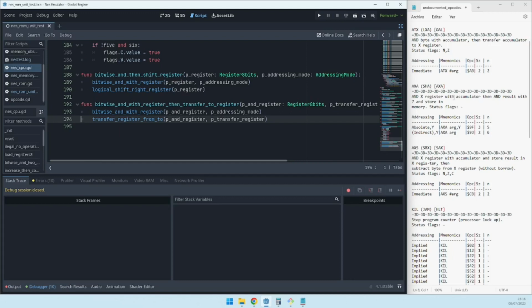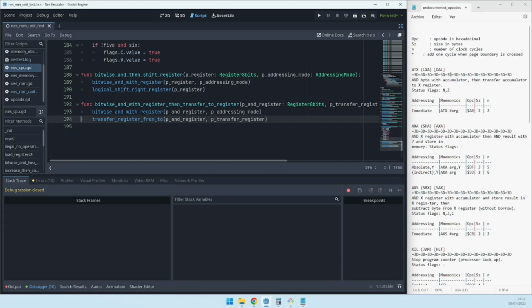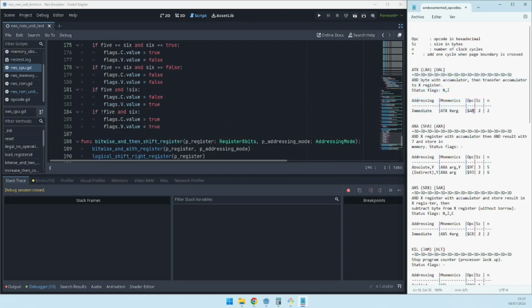AND X register with accumulator, then AND the result with 7 and store in memory. What? What is the logic behind this? So let's see what this is.